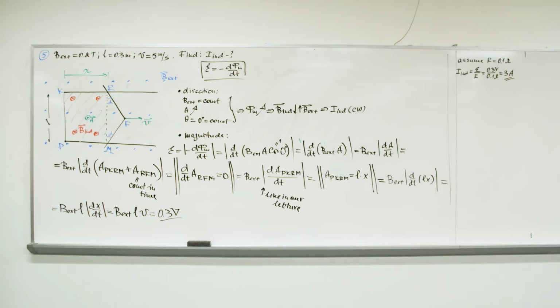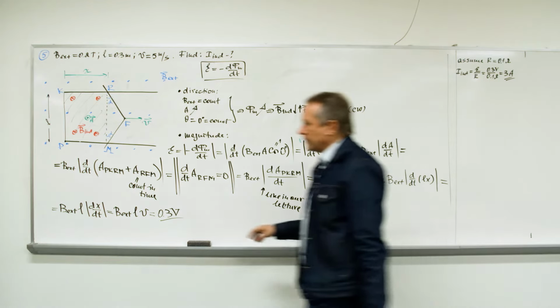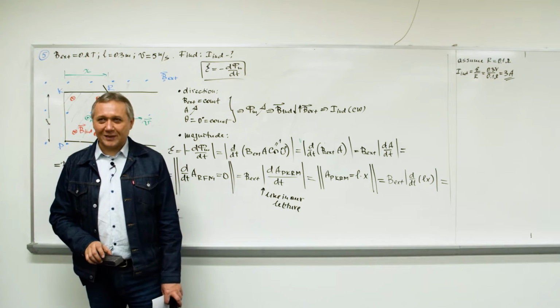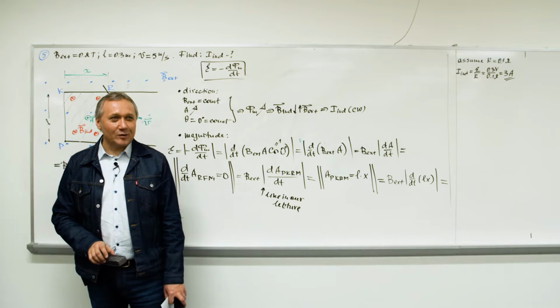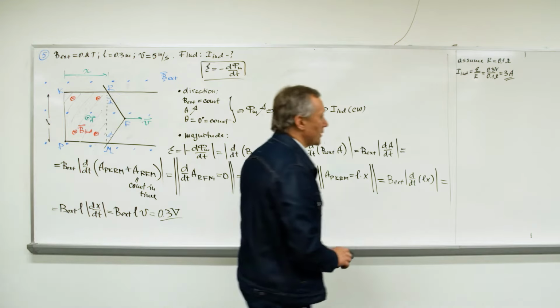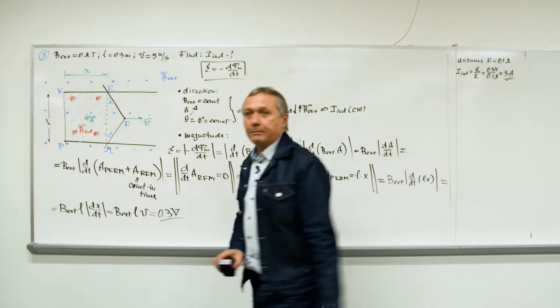So let me just repeat again this rule, Lenz's rule adjusted for the inductor, because I know at least 50% of students make mistakes on the conceptual questions about the potential difference across the inductor.